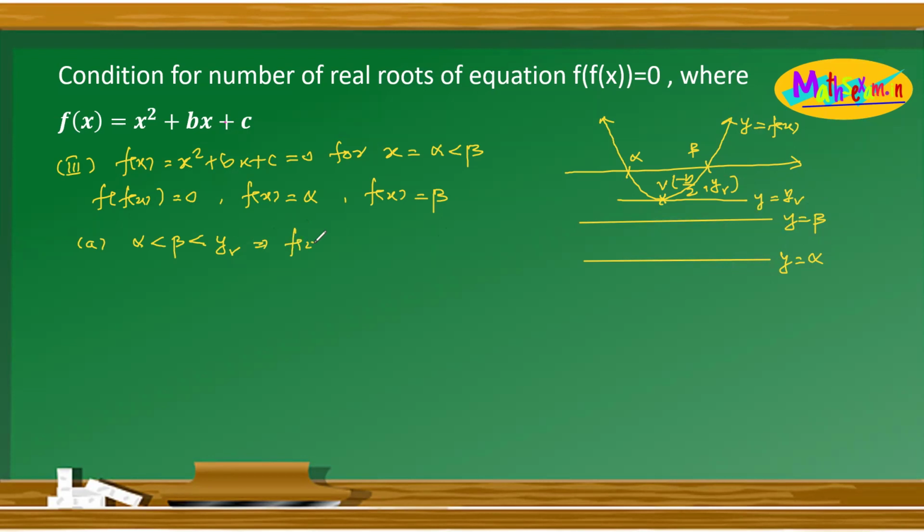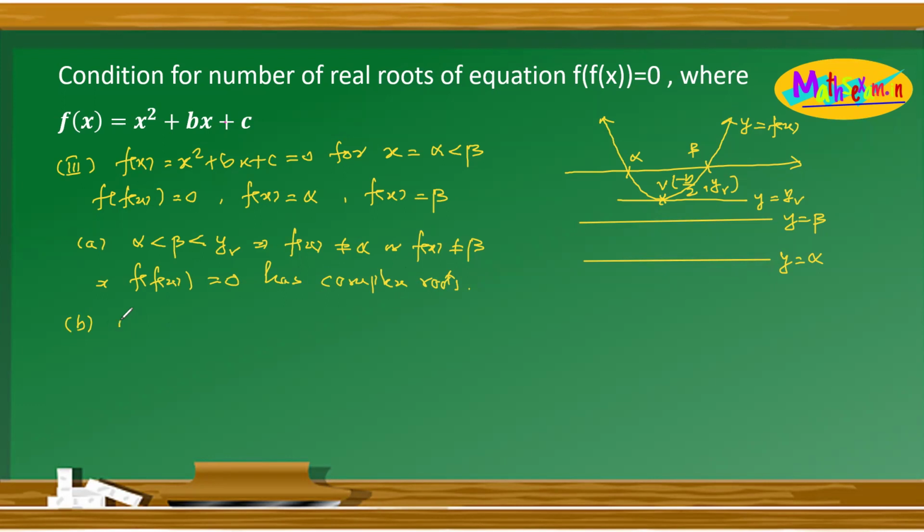So in this case, f(x) cannot be equal to alpha or f(x) cannot be equal to beta. So this implies f of f(x) is equal to 0 has complex roots. So all 4 roots are complex.